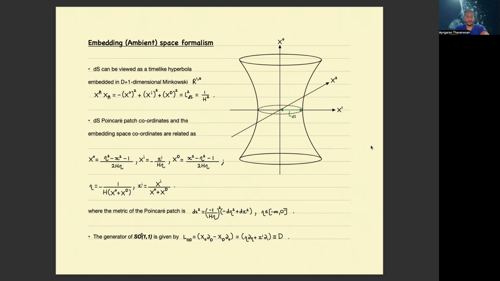So to answer this question, we're using the embedding space formalism, where we embed de Sitter in a one-dimensional higher flat embedding space. Using these relations, we find that the SO+(1,1) boost is actually the dilatation generator, or as cosmologists call it, the generator for scale invariance.